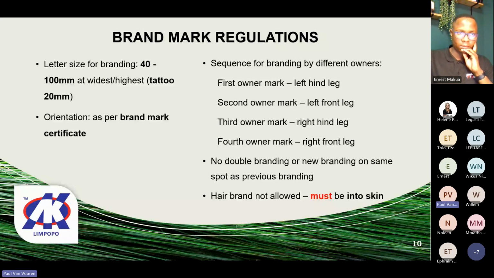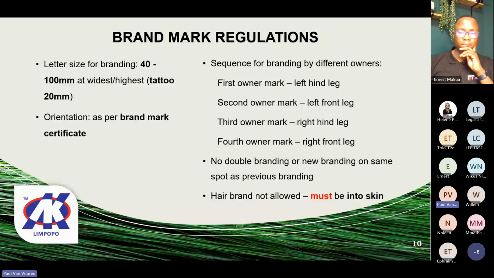Now, in my experience, what I do with the brand mark is the iron must be very hot, and then it must be reddish, and then 1, 2, 3, and then take it away. And directly after that, I put an ice pack on it.